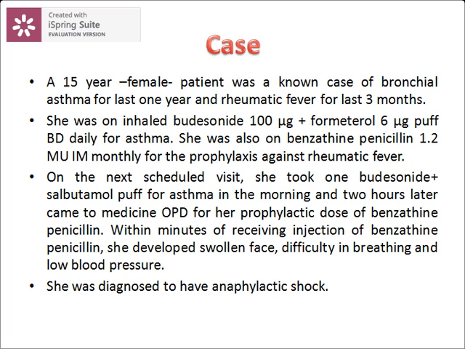Now on the next scheduled visit, she took 1 budesonide plus salbutamol puff for asthma in the morning, and 2 hours later came to medicine OPD for her prophylactic dose of benzathine penicillin. Within minutes of receiving the injection of benzathine penicillin, she developed swollen face, difficulty in breathing and low blood pressure.